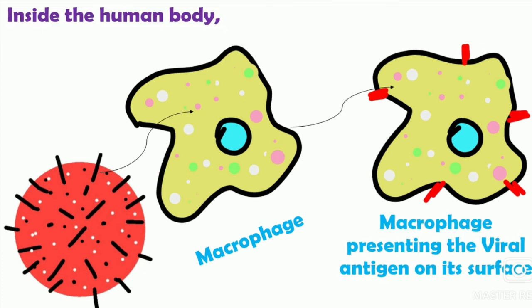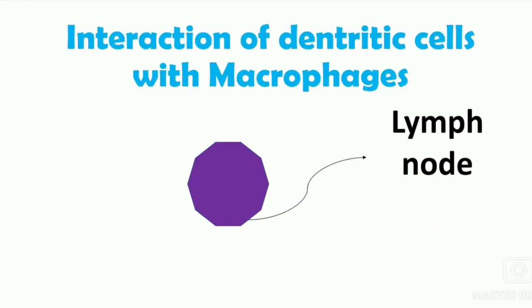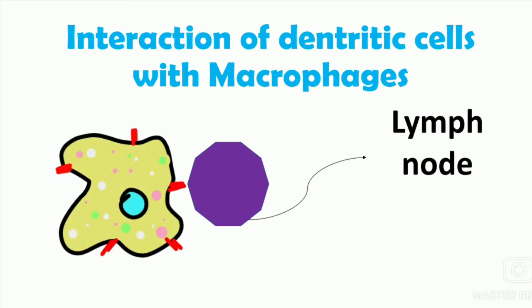Now once our macrophage is presenting the antigens, it encounters several other cells like the dendritic cells. As soon as the macrophage and the dendritic cell interact with each other, the dendritic cell carries parts of this antigen with itself, and it then moves to the lymph node.